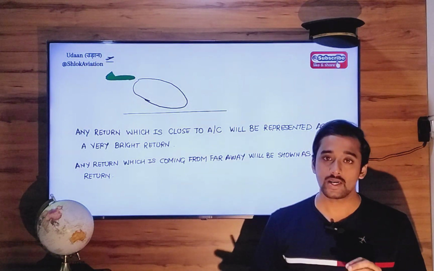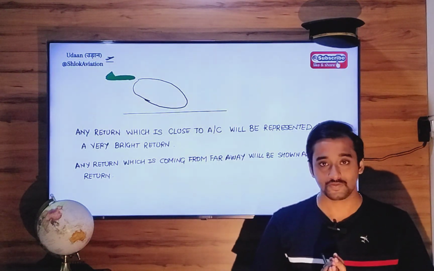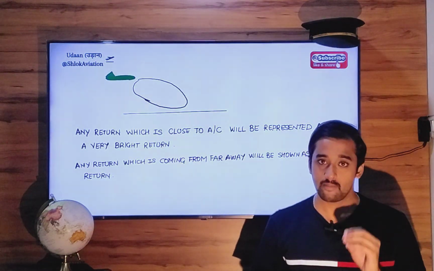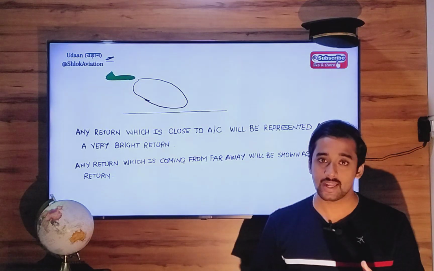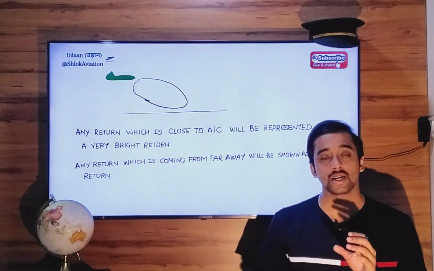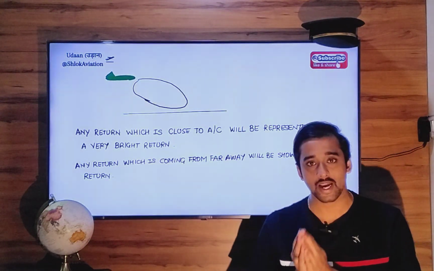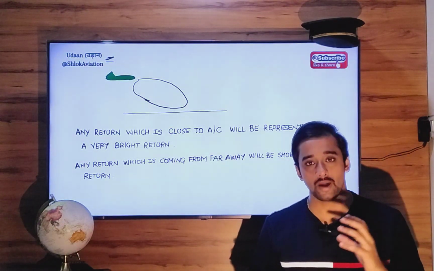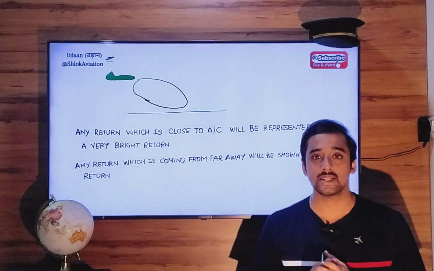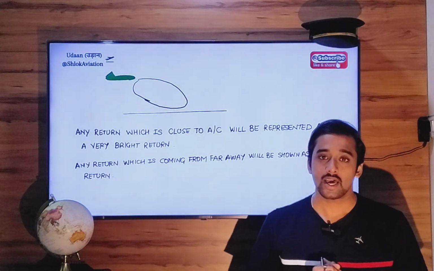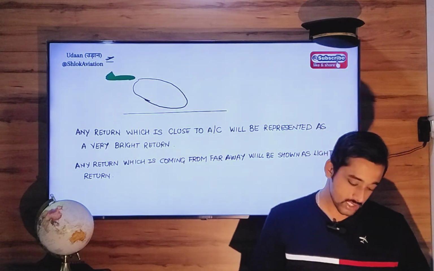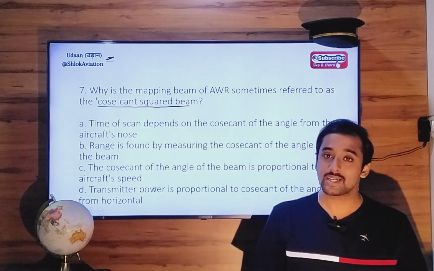So in order to establish a balance between the colors of all the returns, whether these returns are coming from a target close to the aircraft or from a target much farther away, and to create equal ground, we use the cosecant squared beam.